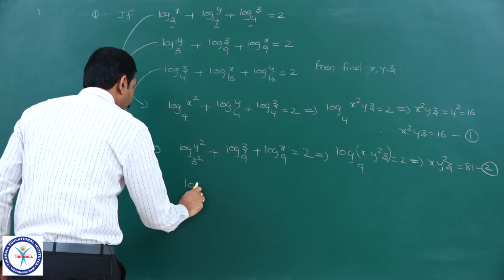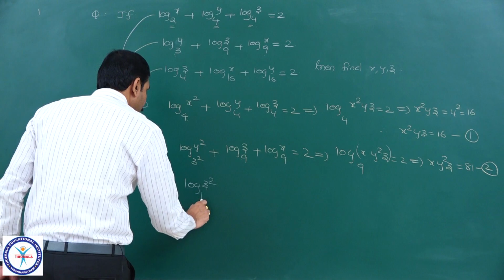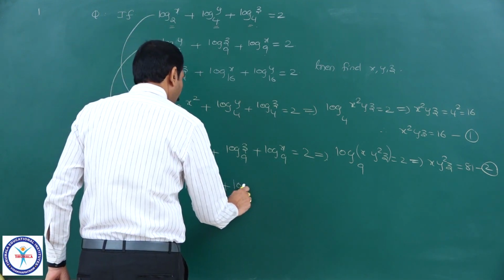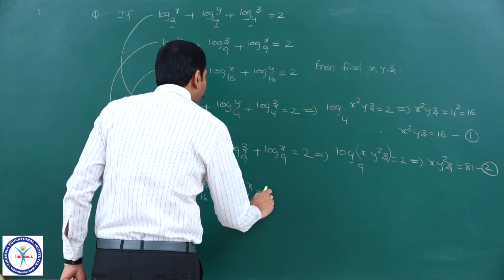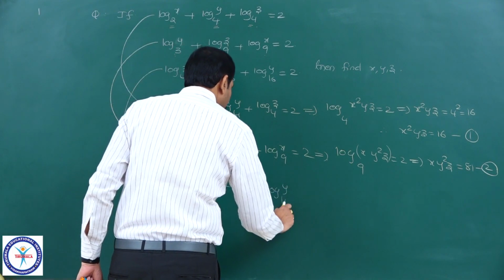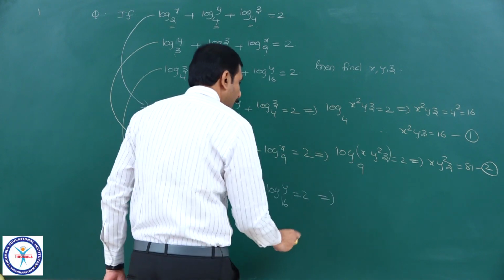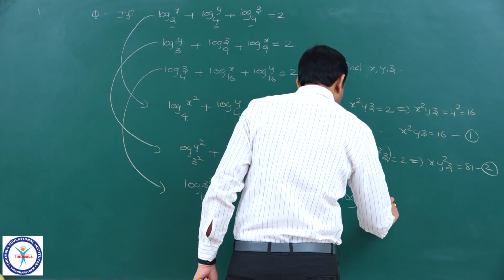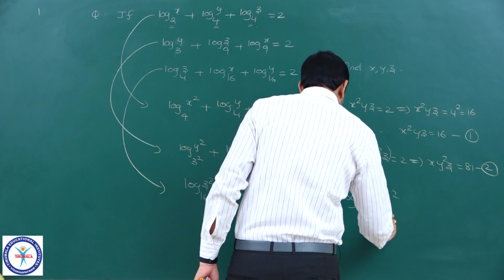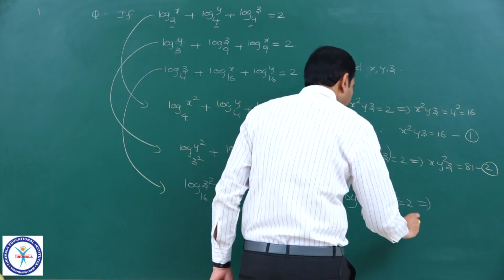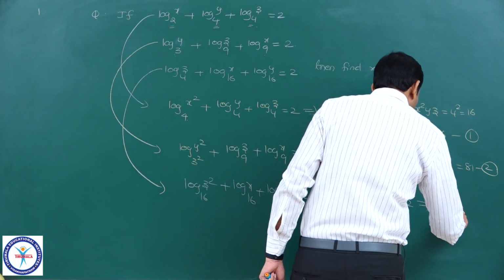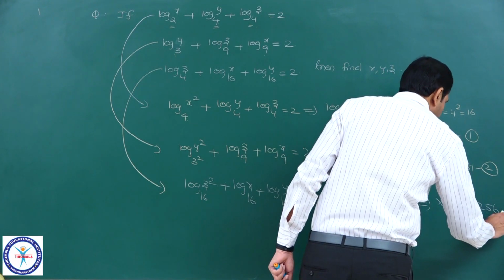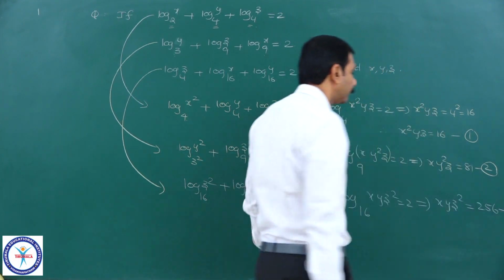Similarly, I can write here also it is log z square to the base 16 plus log x to the base 16 plus log y to the base 16 is equal to 2, which implies it is log of x y z square to the base 16 is equal to 2, which implies x y z square is equal to 16 square, 256.